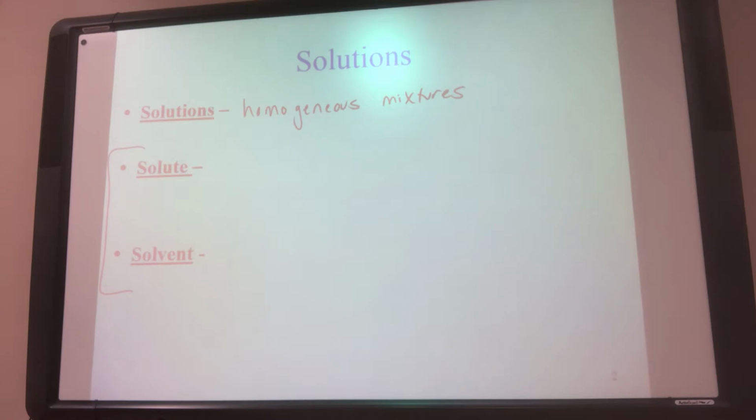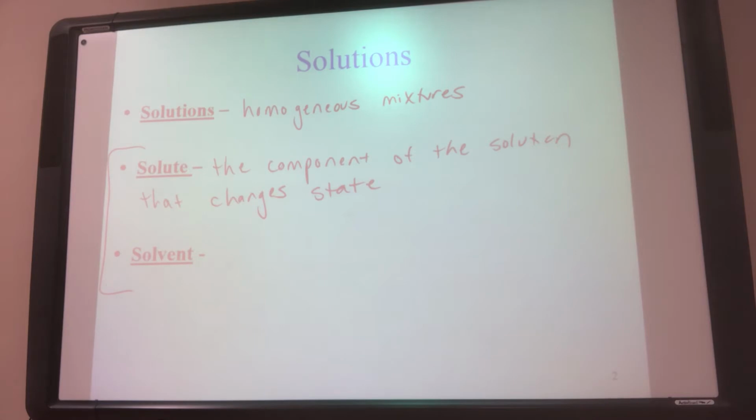Two parts in our solution. The first is the solute. This is the component of the solution that changes state.